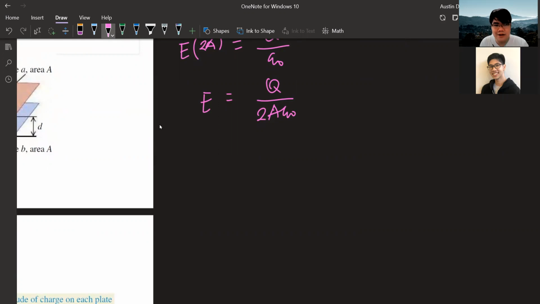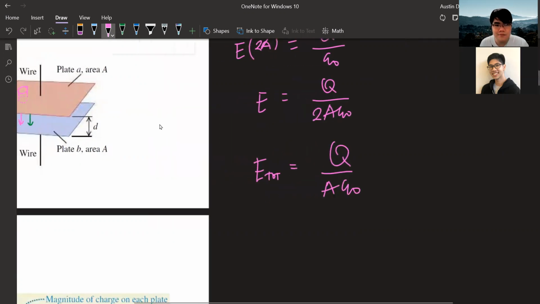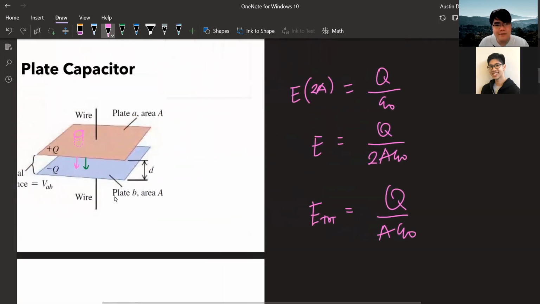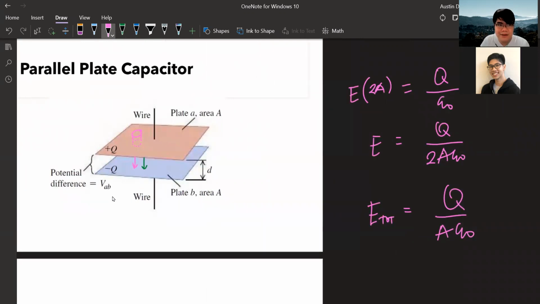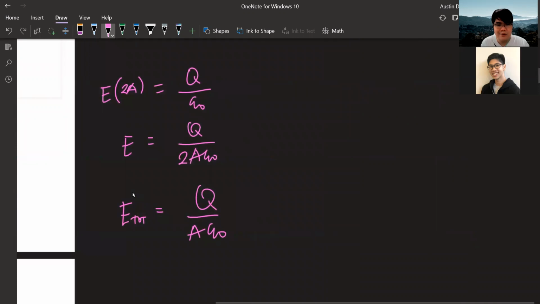So this is just actually times 2. E total would be the double of this, Q over A epsilon naught. Okay, so we have that. And then, the field is pointing downwards. And get the potential difference from that.